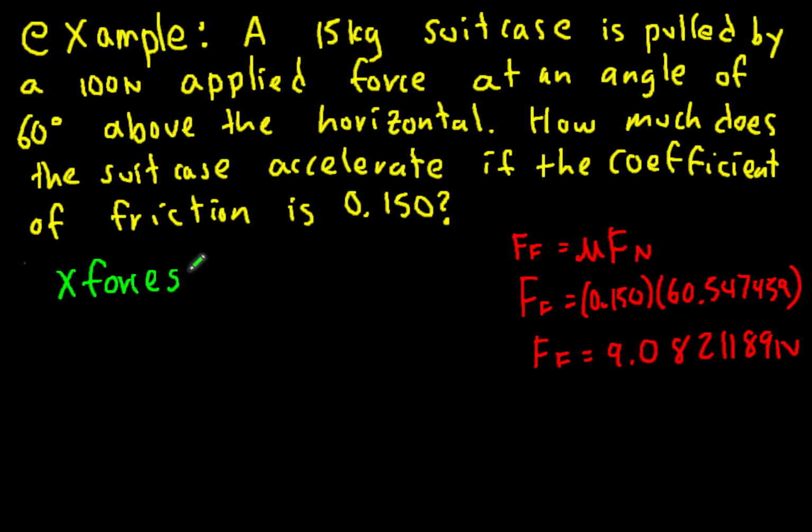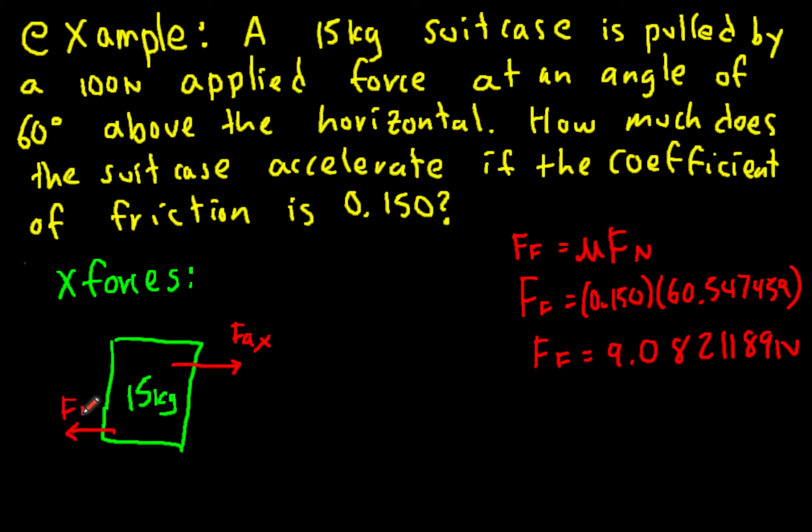Now we look at the x forces on the suitcase only. We know that the suitcase will accelerate in the x direction because there is an applied force in the x direction and only a little bit of friction holding it back. The net force in the x direction will be this applied force in the x direction minus the force of friction.